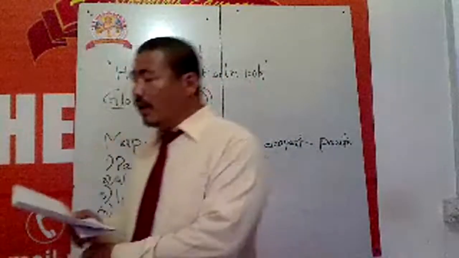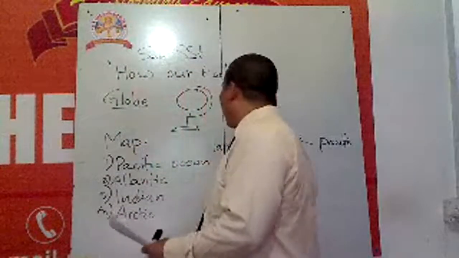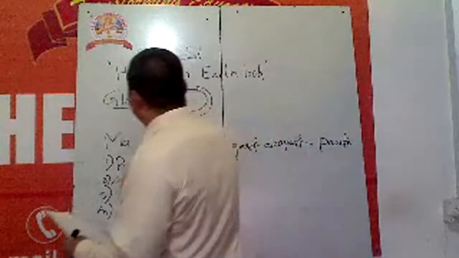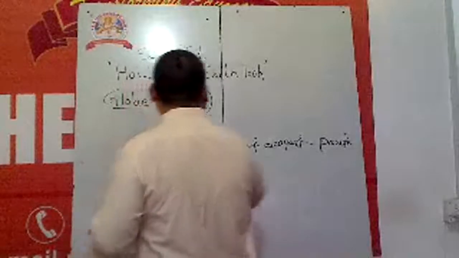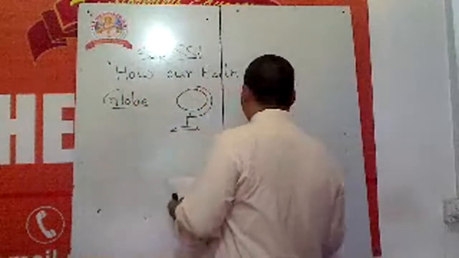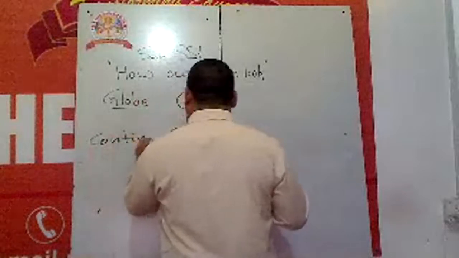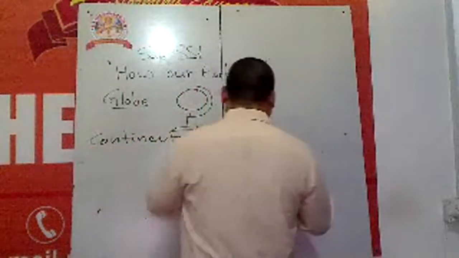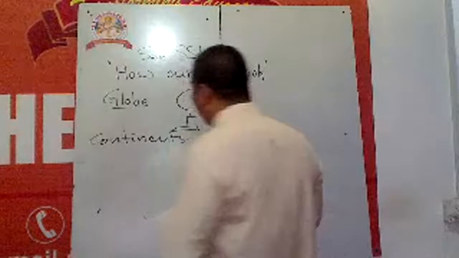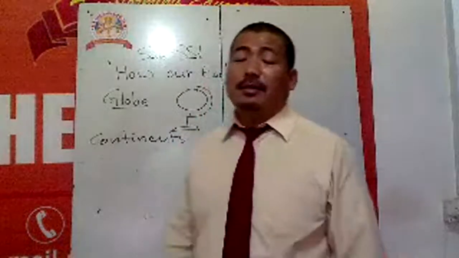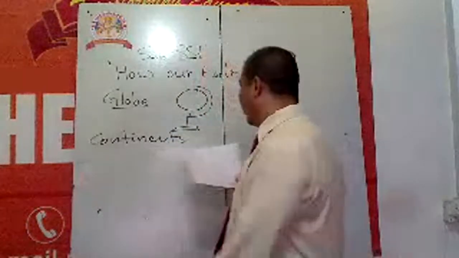And with the water bodies, now we read about land bodies. We call them continents. Altogether, there are 7 continents on the earth. What are they?